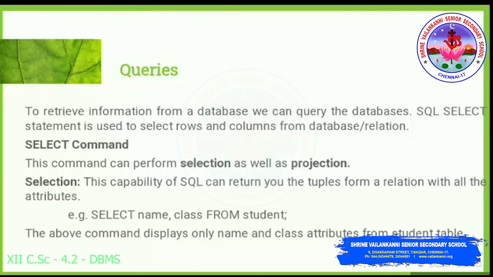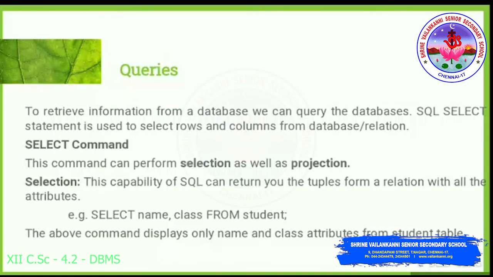Queries. To retrieve information from a database, we can query the database. The SQL select statement is used to select rows and columns from a database or relation. So now let's see the select command. This command can perform both the selection as well as the projection operation.